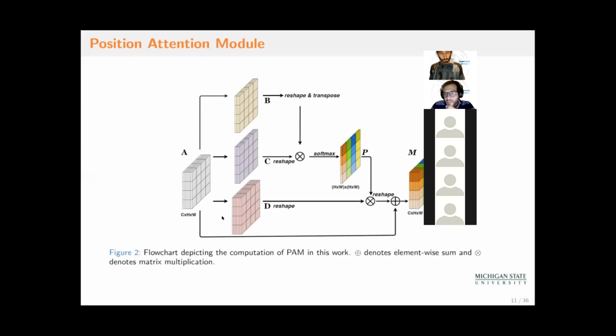After that, we simply multiply the transposed feature map B with the feature map C to obtain the position map, which has a two-dimensional image structure. After that, we can multiply the position attention map with the input feature map D to get the refined feature map.